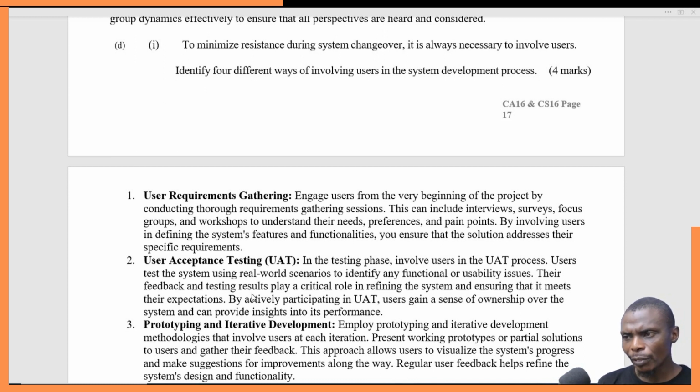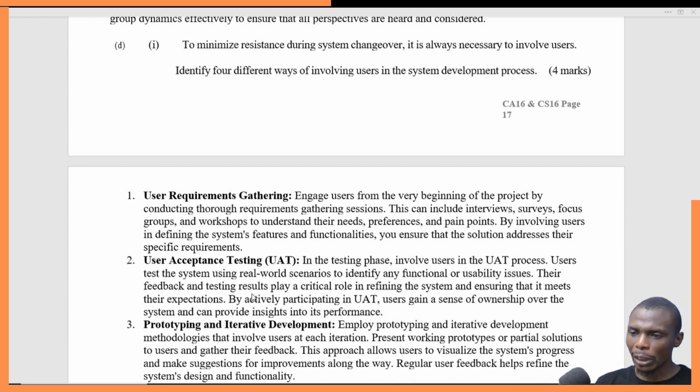So in this testing phase, it involves users. They test the system using real world scenarios, and then you are able to identify any functional or usability issues. So their feedback and testing results will play a very crucial role in refining the system and ensuring that it meets their expectations.